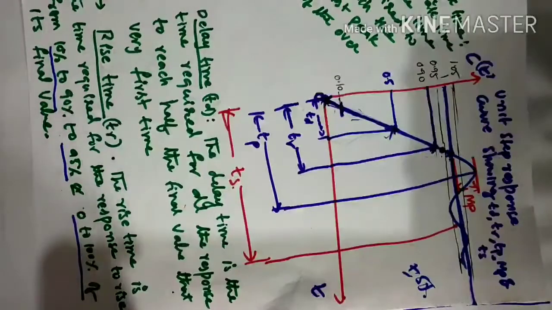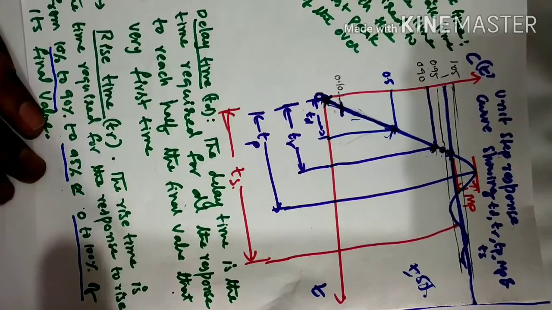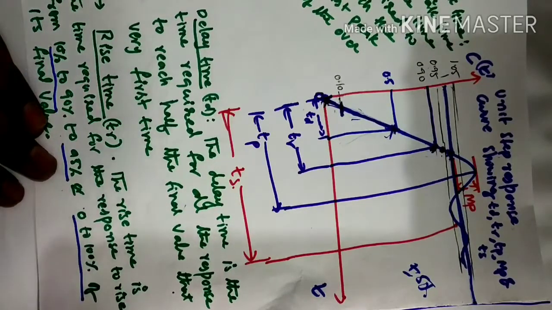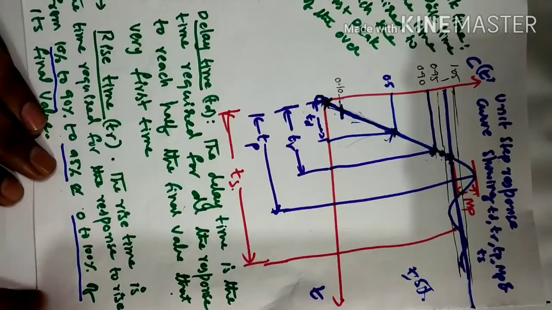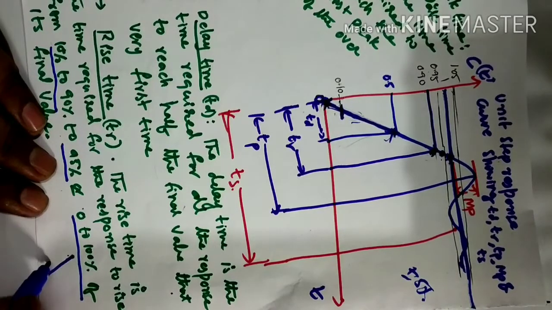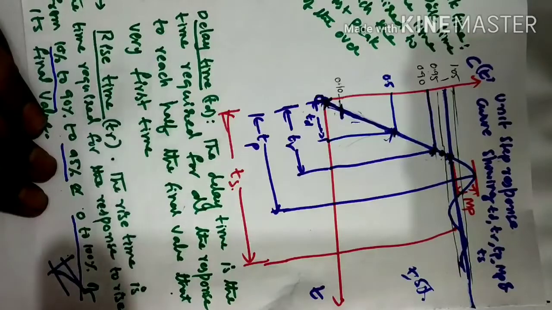For an underdamped second order system, the 0 to 100% rise time is normally used. This is underdamped, so the rise time is taken at 0 to 100%.